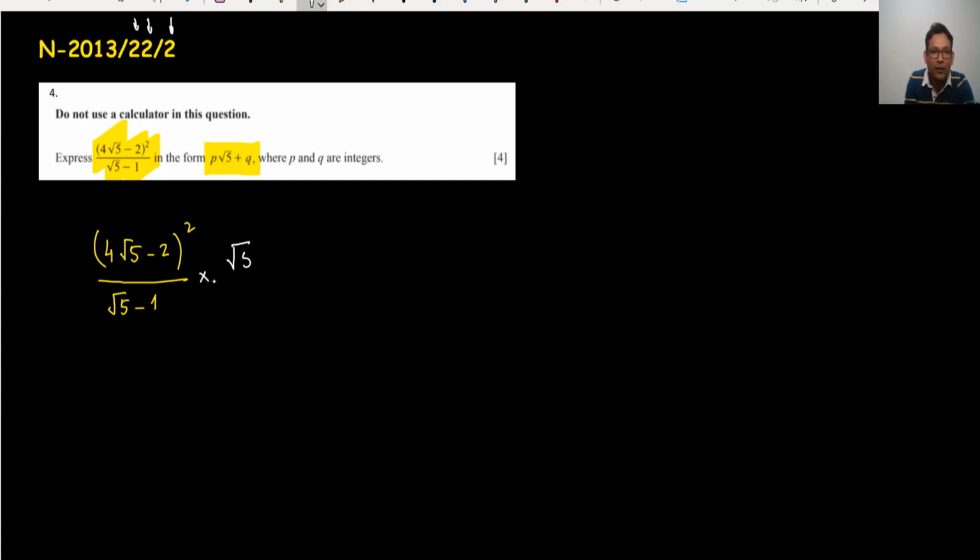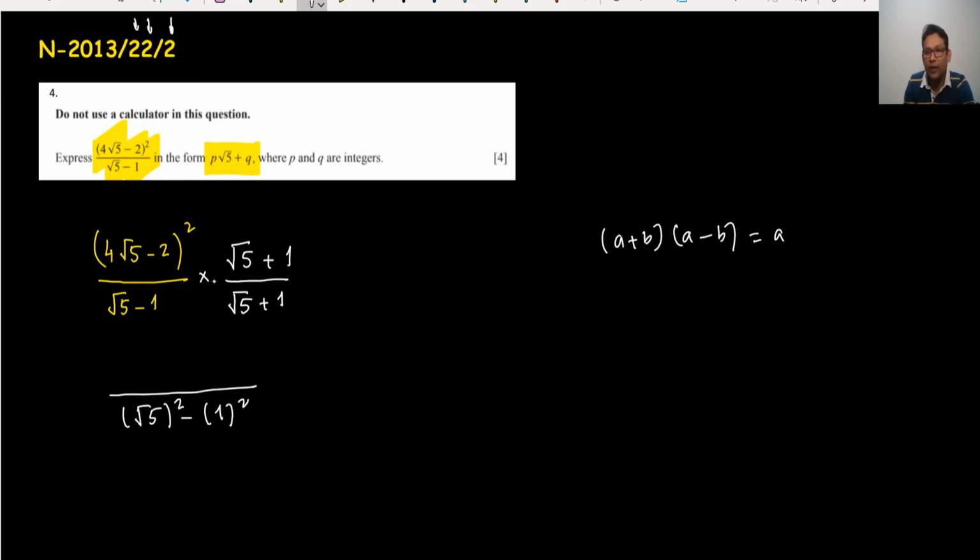Conjugate means this is plus 1, I change the middle sign. When we simplify only the denominator, you can observe under root 5 whole square minus 1 whole square. The difference of two squares formula: a plus b and a minus b is always equal to a square minus b square. We use this formula.